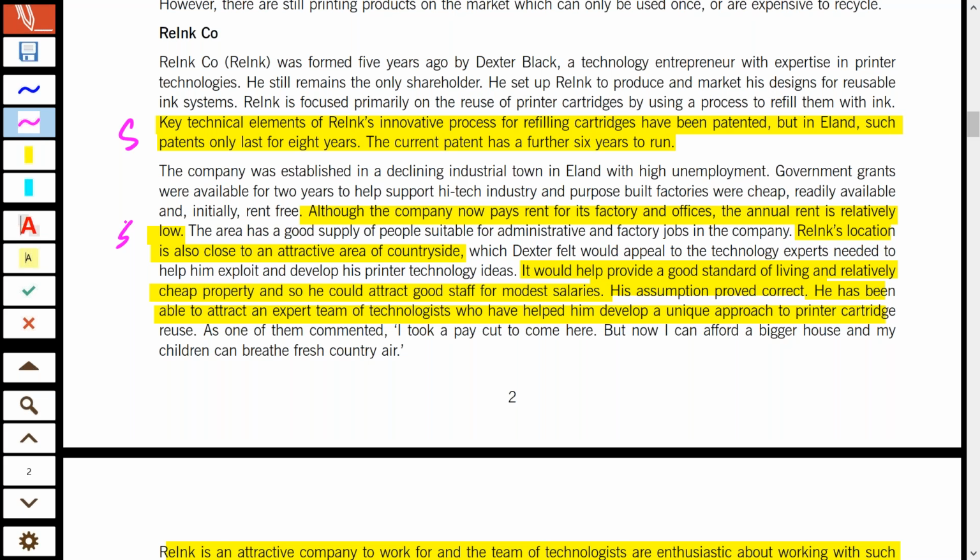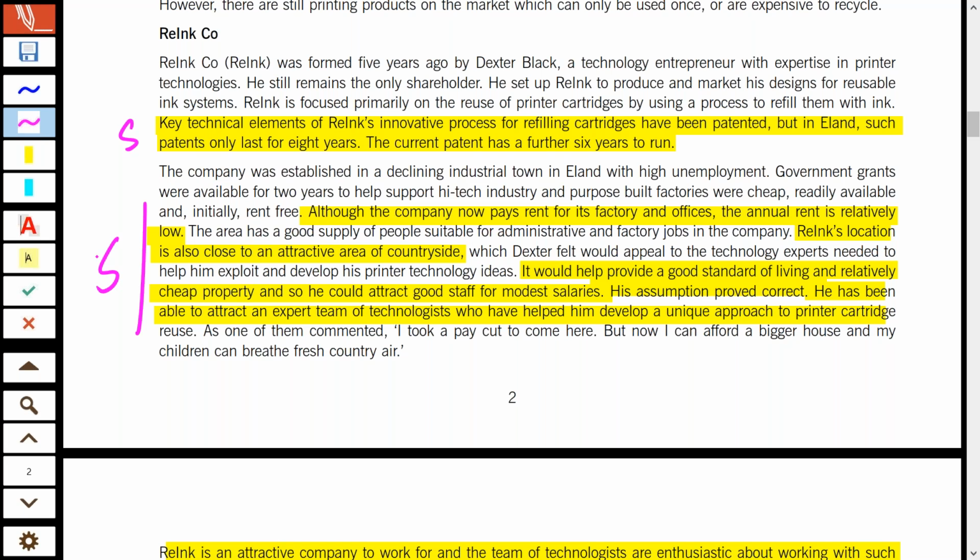Re-Ink's location is also close to an attractive area of countryside. Again, location good. It would help provide a good standard of living and relatively cheap property, and so he could attract good staff for modest salaries. He has been able to attract an expert team who have helped him develop a unique approach. All this is good stuff. So I'll just say, okay, this all talks about my location, cheap rent, low costs.